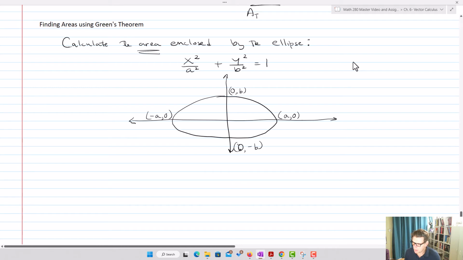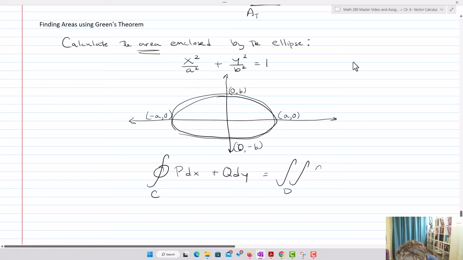Now, Green's theorem relates the integral of P dx plus Q dy along the boundary of this particular ellipse to the double integral over D of Qx minus Py dA.